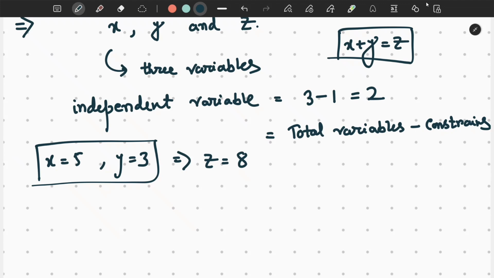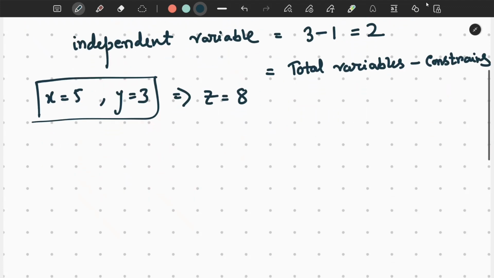These things are essentially the same. Here it is a variable, that's why it's called an independent variable, but it essentially represents your degrees of freedom. So here your degrees of freedom are two. This is the definition of degrees of freedom. Depending upon the system or context you are talking about, this definition will be the same, but the relation, the equation, will be different.